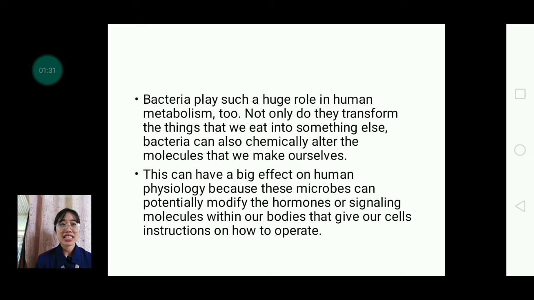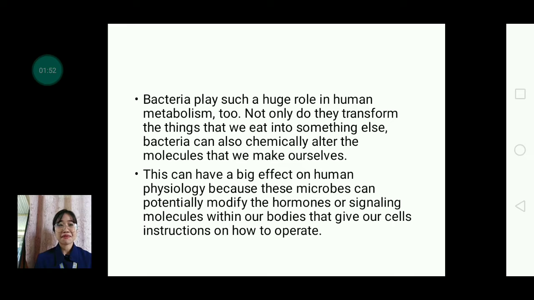Bacteria play such a huge role in human metabolism. Not only do they transform the things that we eat into something else, bacteria can also chemically alter the molecules that we make ourselves.